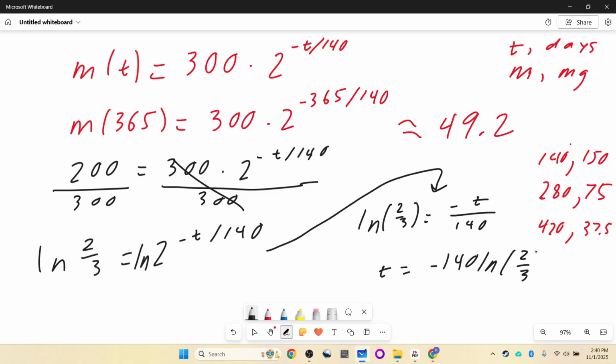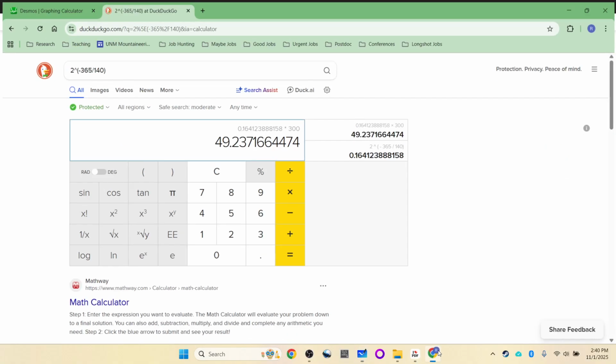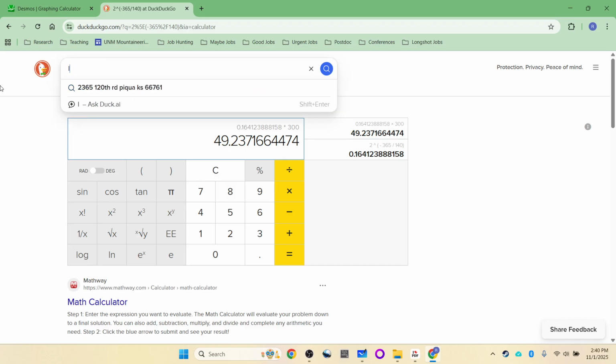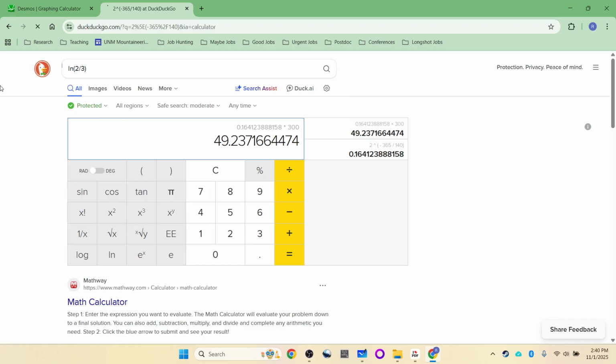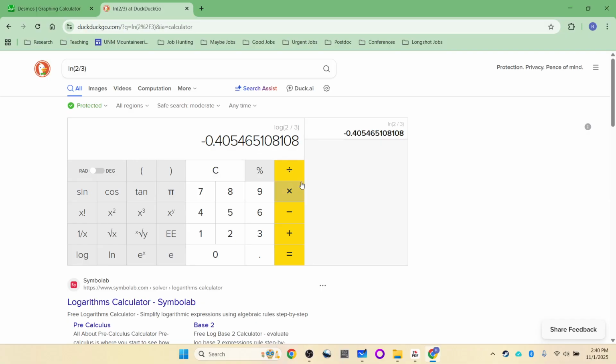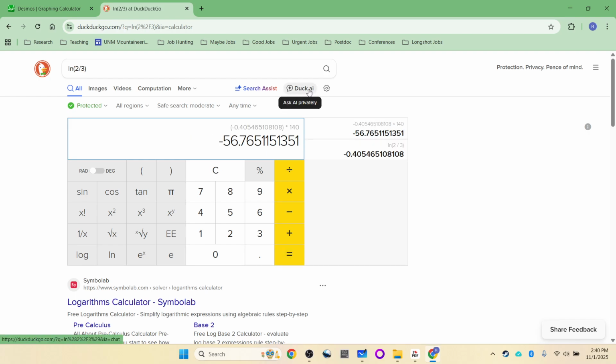How's that negative? Well, remember, if you put a number less than 1 into a log, you get a negative. So this will give us 2 negatives that will become a positive. So ln of 2/3, and then times 140, and then we'll just make it negative in our head, will be 56.8.